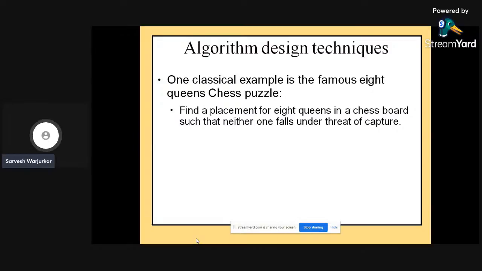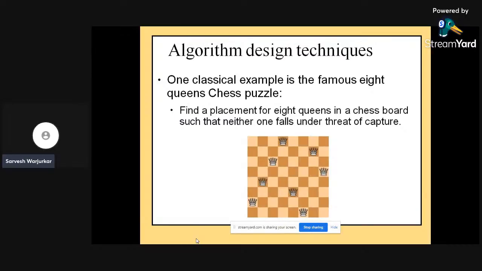No queen may be in the diagonal, vertical, or horizontal line of any other queen. We need to place the eight queens in such a way that no two fall under threat of capture, like this.